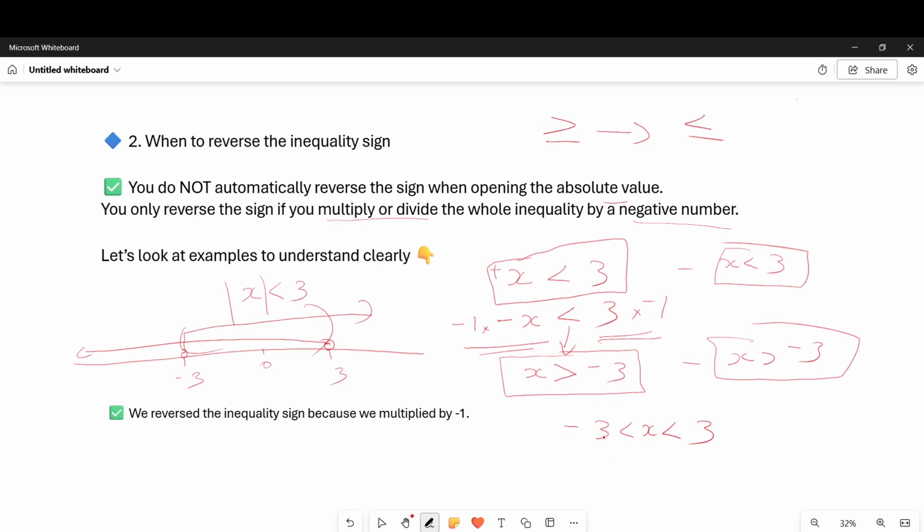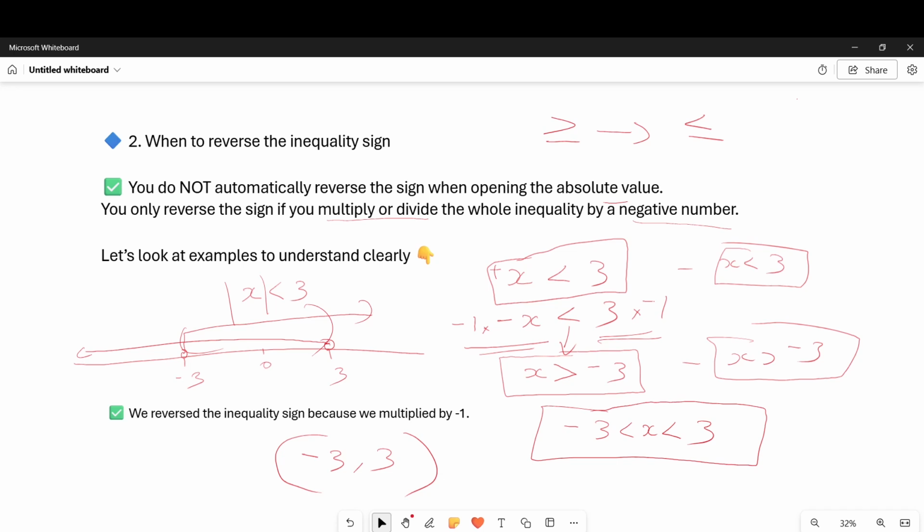So x is greater than minus 3 and x is less than 3. This is the final inequality. Now we convert this into interval form: minus 3 and 3 in parentheses, because minus 3 and 3 are not included. This is how we solve an inequality having an absolute value.